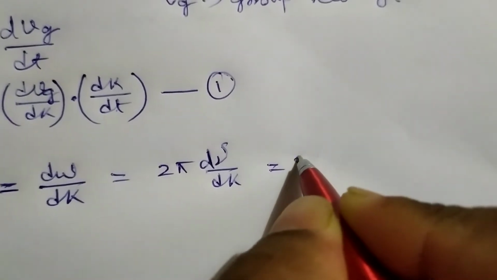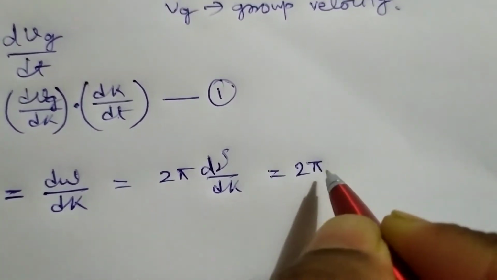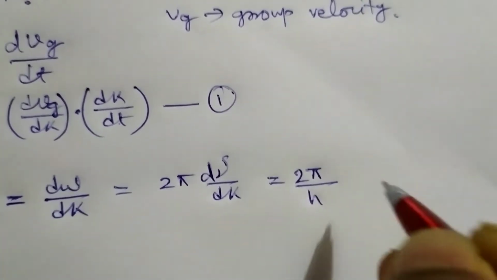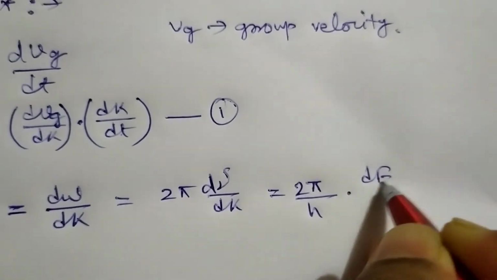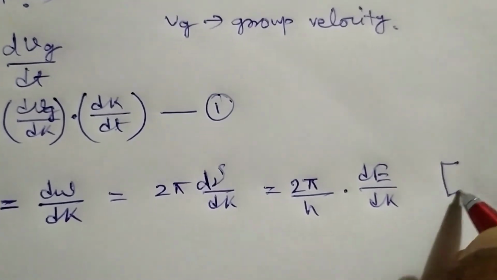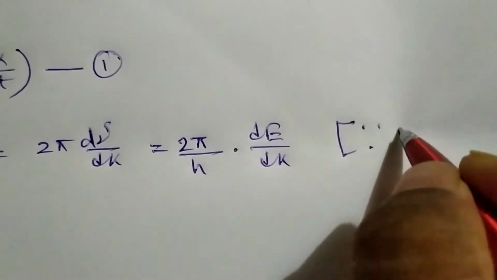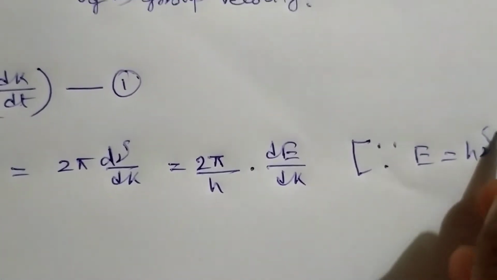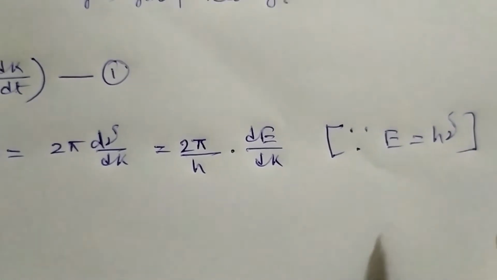Further you can write this as 2 pi by h dE/dk. Why? Because we know E equal to h nu. Clear?